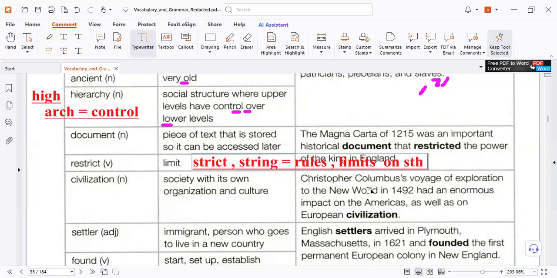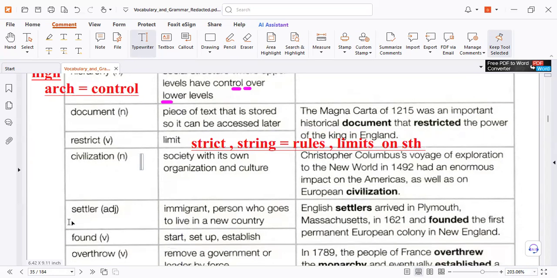So restriction, restrictor, stringent, whatever it is, it means limits or rules on something. Right? Here, look, restrict.